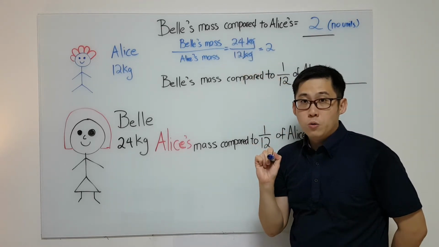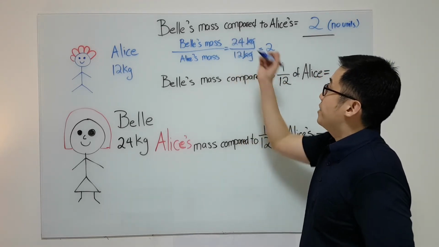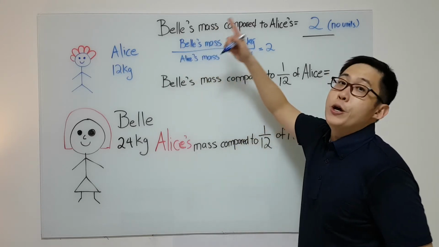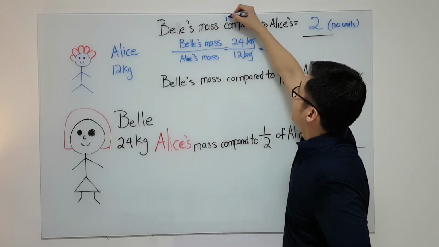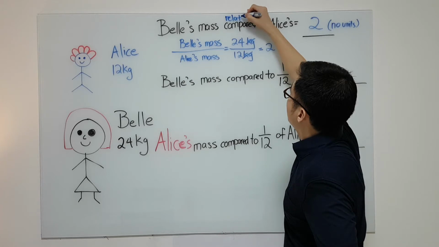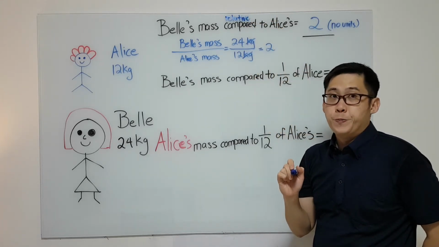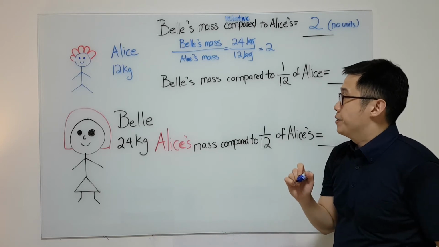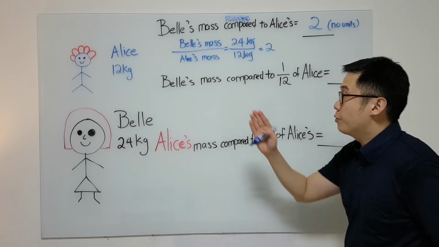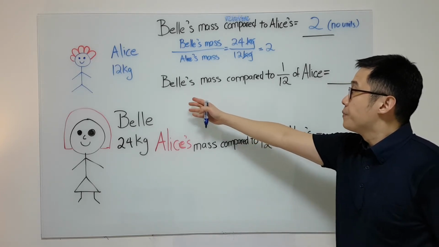Another word to say compared to is relative. Belle's mass relative to Alice is 2. Now, let us consider another case. Let us look with me to this statement here.